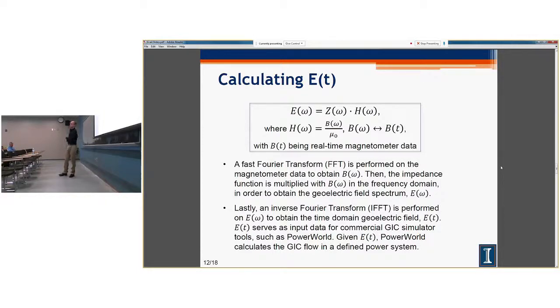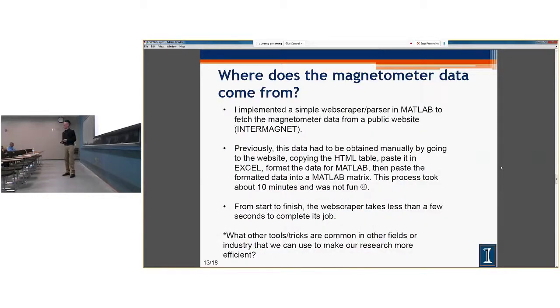Now, you can do recursive convolution in the time domain, but it's a bit tricky, and I didn't want to get into it. So I chose this easier way, and the recursive convolution in the time domain is something I'm going to investigate and help compare the results and see which is quicker and stuff like that. So that is how the electric field is calculated.